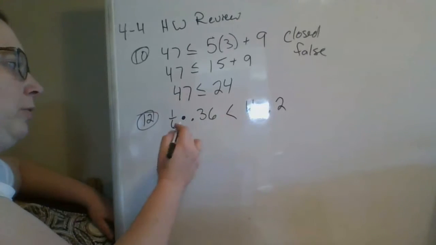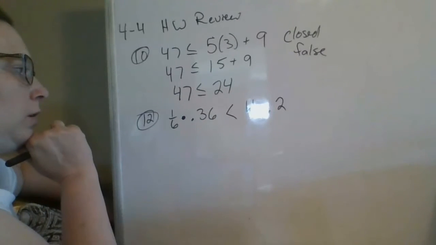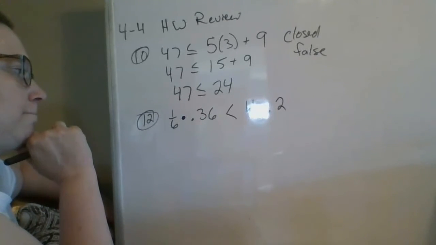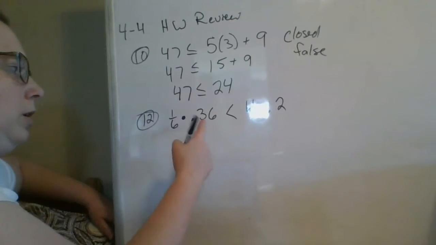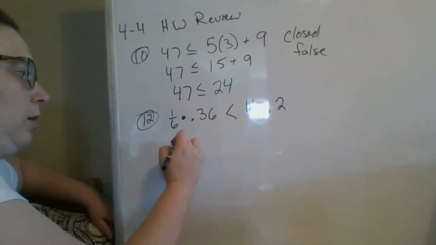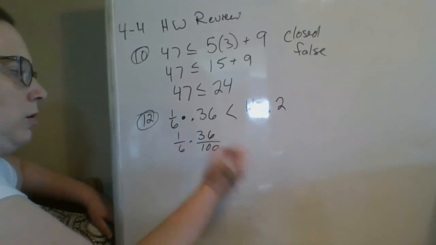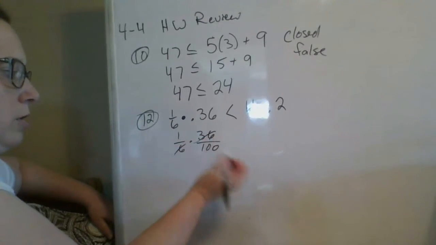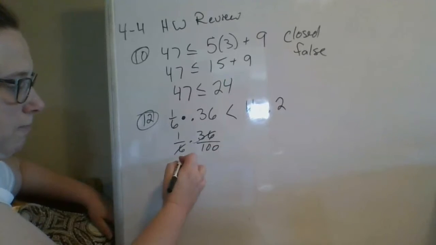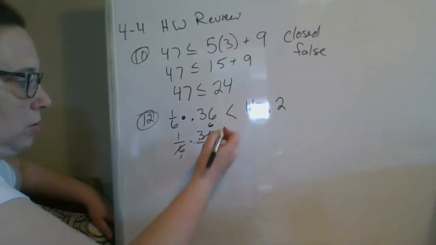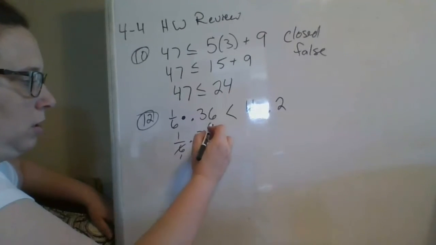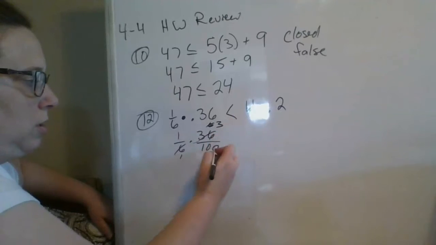So now we need to multiply here, and I'm going to go ahead and change that into a fraction. 36 over 100. So I can cross reduce, and this would be, oh, I can cross reduce again.